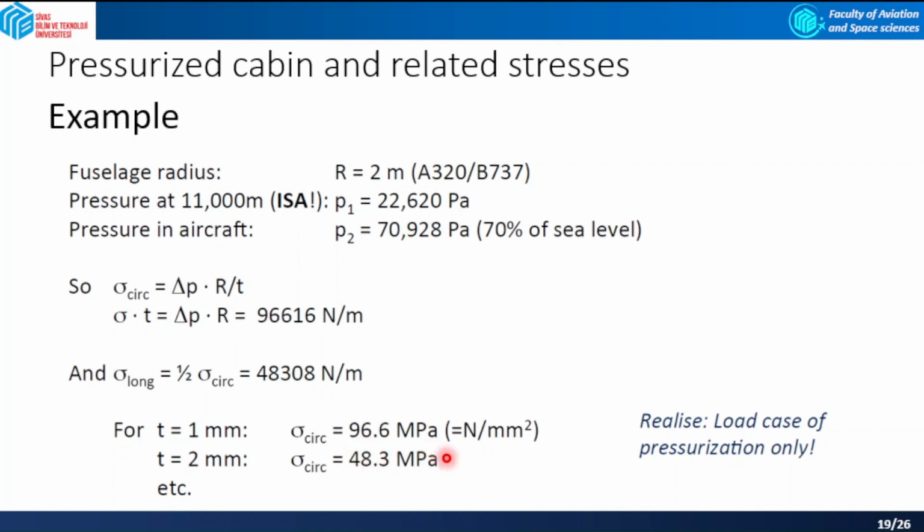So it's worth noting that the maximum allowable stress for metal skins is typically around 100, and these stresses result solely from the pressurization load cases. So in reality, you have other loads such as bending or torsion moments, and these further affect the stress distribution in the aircraft structure.